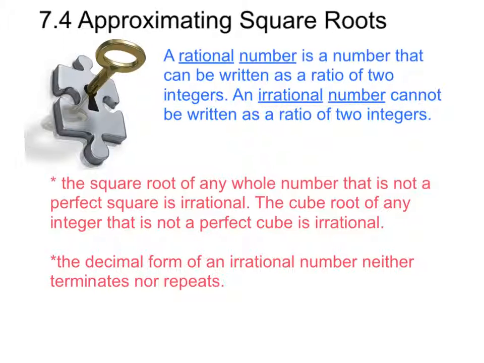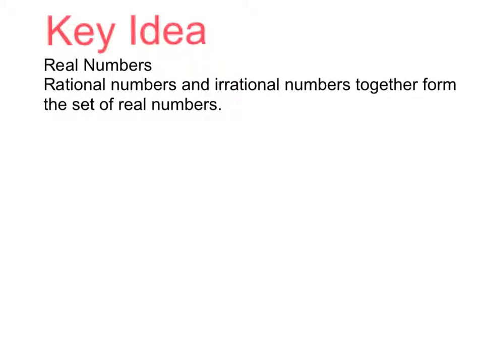So here it says a decimal form of an irrational number neither terminates nor repeats. That means a decimal that goes on forever but does not repeat. That's an irrational number.